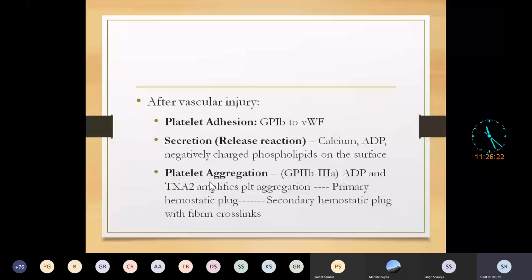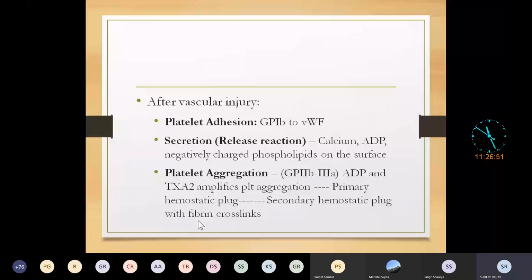Platelet aggregation will be due to GP2B3A. ADP and thromboxane A2 also amplify the platelet aggregation. So there will be formation of the primary hemostatic plug, and due to the release reaction, there is release of calcium, ADP, and negatively charged phospholipid on the surface. It will lead to the formation of the secondary hemostatic plug with fibrin crosslinks.